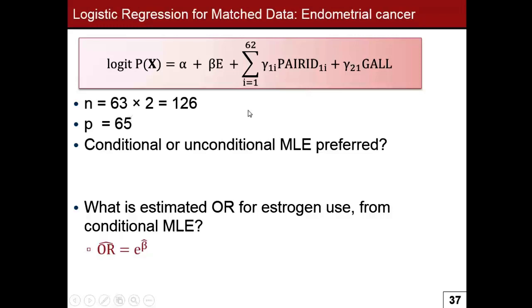The unconditional model would explicitly fit 65 terms to your 126 observations, and that's not cool. We want these terms to go away, and the conditional model makes them go away by doing the analysis conditional on, and stratifying on, all of these pairs.